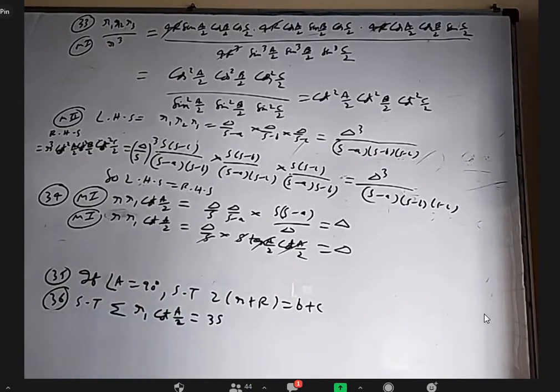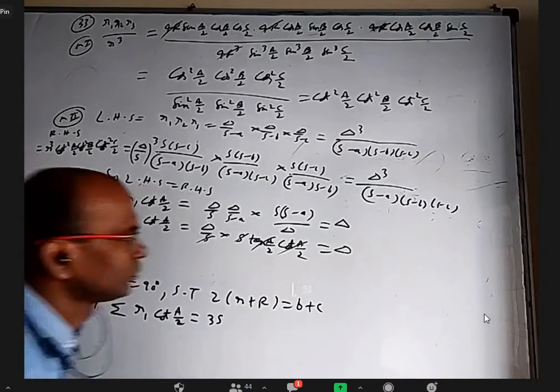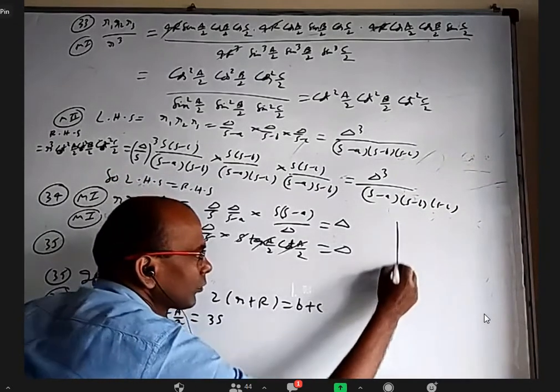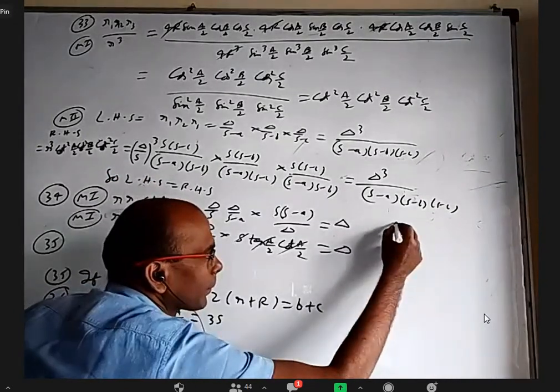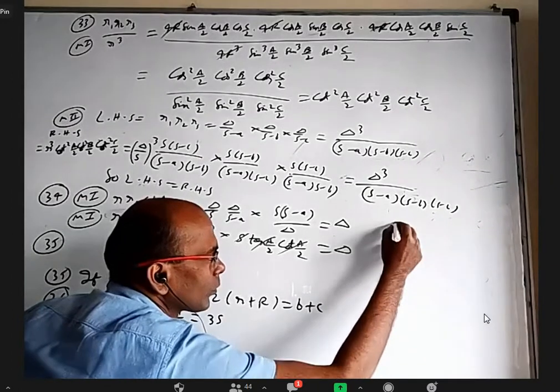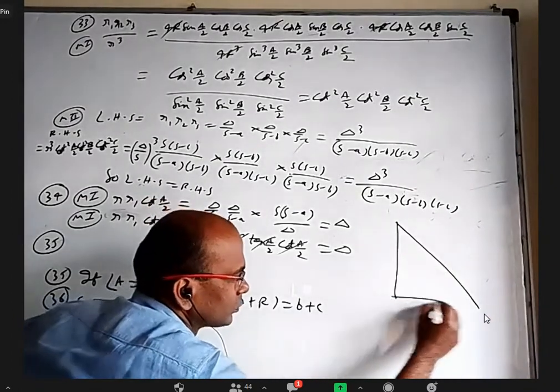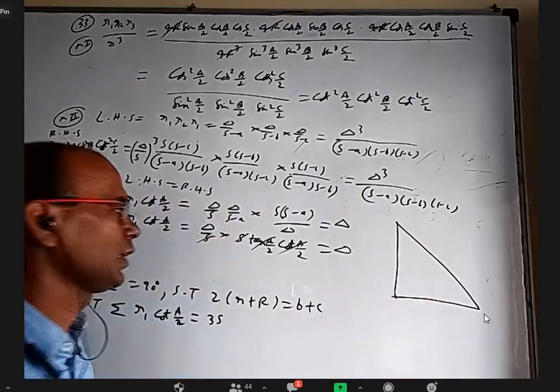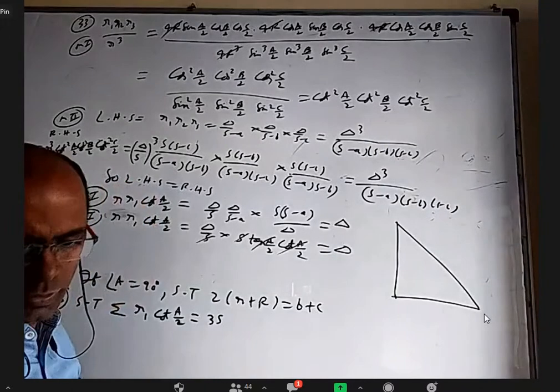35. I want to tell a method which even in lower classes you might have done. Why should I take a right angle isosceles?